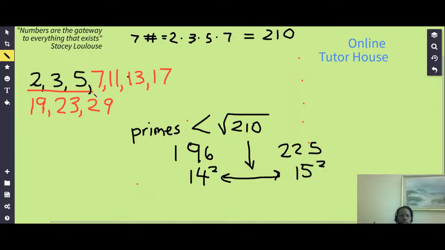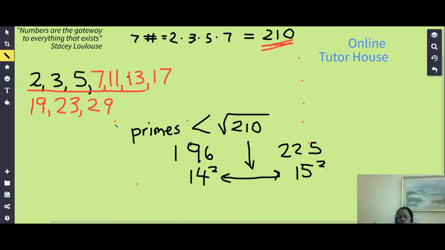That's going to include 2, 3, 5, 7, 11, and 13. So those are the multiples we're going to be concerned with to discover the next set of primes up to 210.